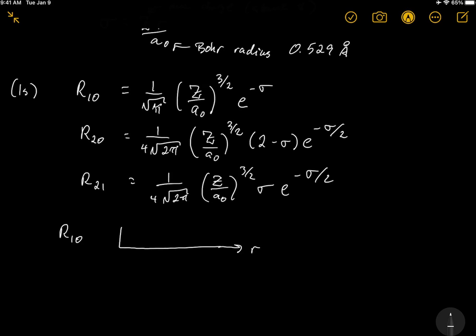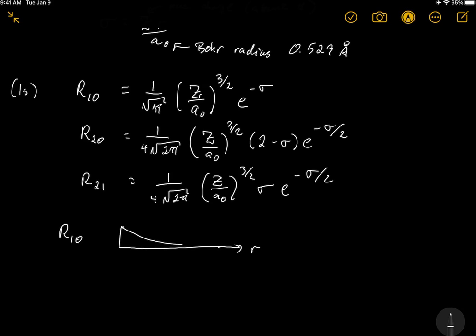It starts off as an exponential function. If we plug in sigma equals 0, that's going to give us a value of 1, since e to the minus 0 is 1, and then we would just have these constants. So it's a simple exponential decay looking function, e to the minus sigma.